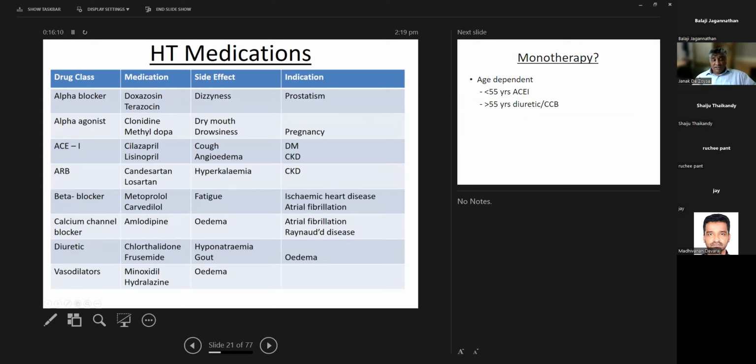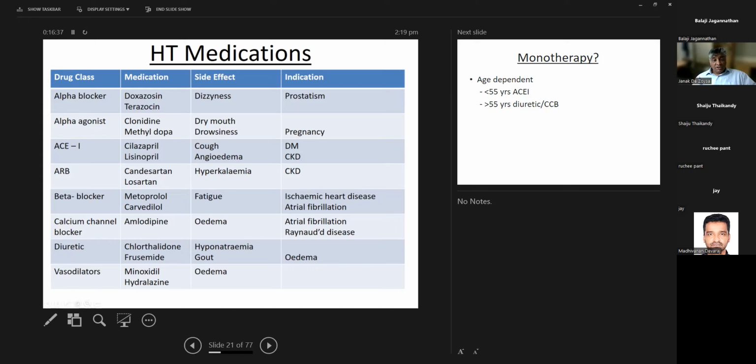ACE inhibitors and angiotensin receptor blockers, and actually mineralocorticoid receptor antagonists such as spironolactone or eplerenone, they target the renin-angiotensin system. And these drugs are very good in diabetes and have specific benefits in patients with chronic kidney disease, but they are associated with the worsening of potassium, which we all know can be a problem.